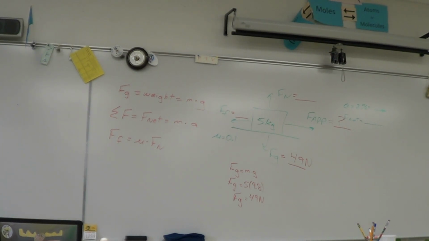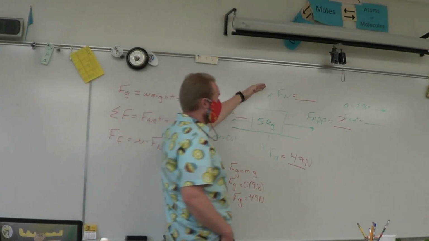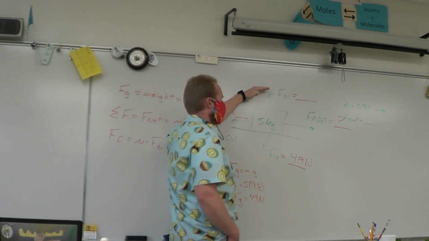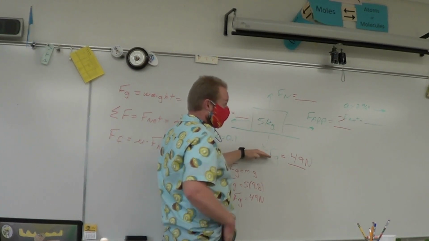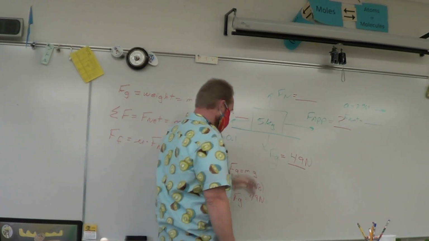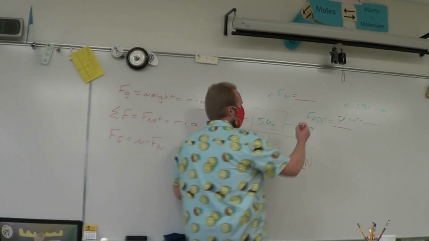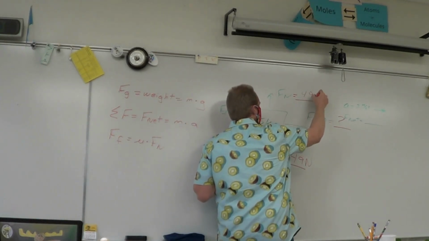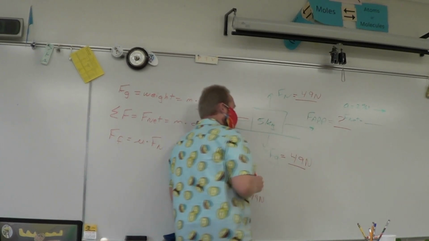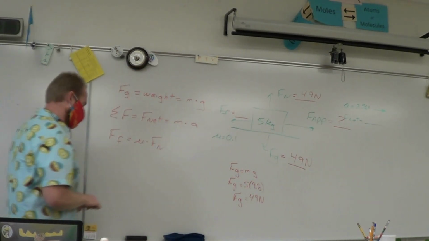Because we only have one force up and one force down, by Newton's second law, I add my ups, I subtract my downs, they have to add up to 0, you just told me. So what does my normal force also have to have a value of? 49. My forces in the y direction have to balance and add up to 0.